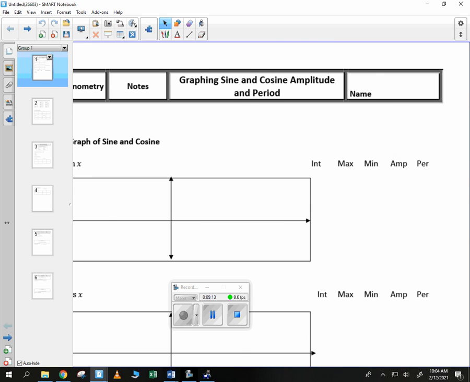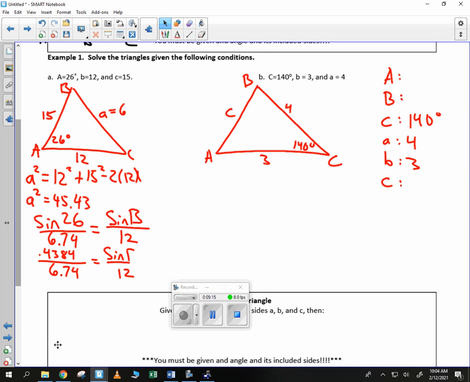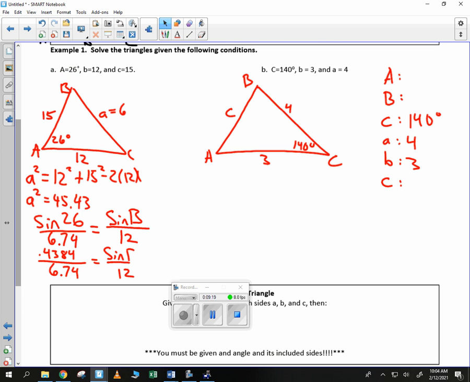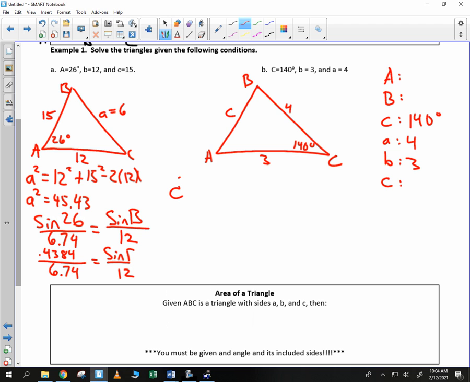Okay, as you worked, I'm going to now bring this back up and see if you got what you should have. You should have here C squared is equal to 4 squared plus 3 squared minus 2 times 3 times 4 times the cosine of 140 degrees.